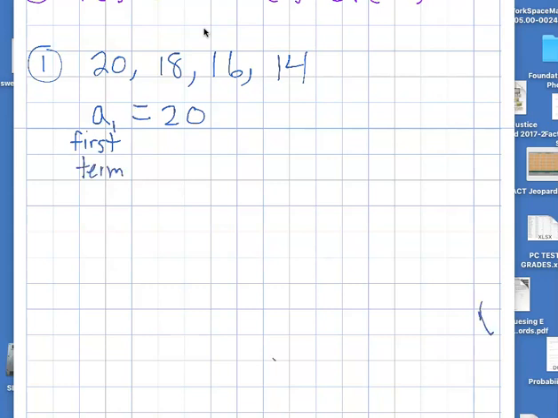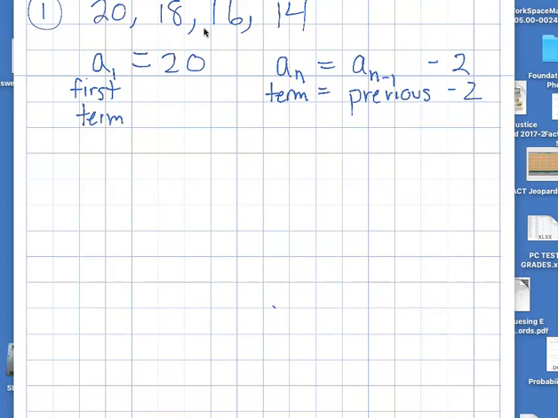Then to get any term, instead of f of n, you'll see a sub n equals our previous one minus 2. So again, our term equals our previous minus 2.